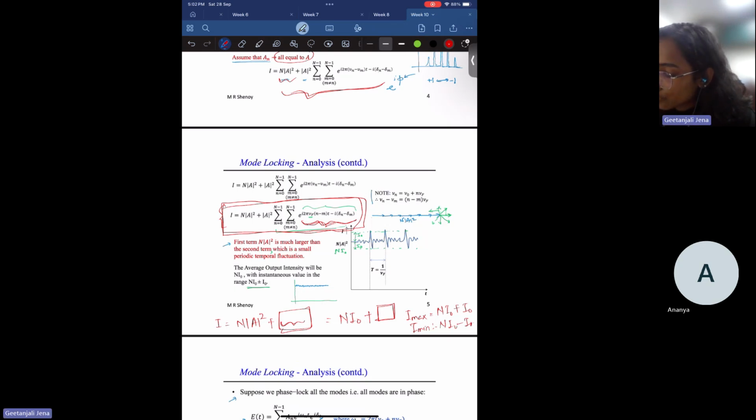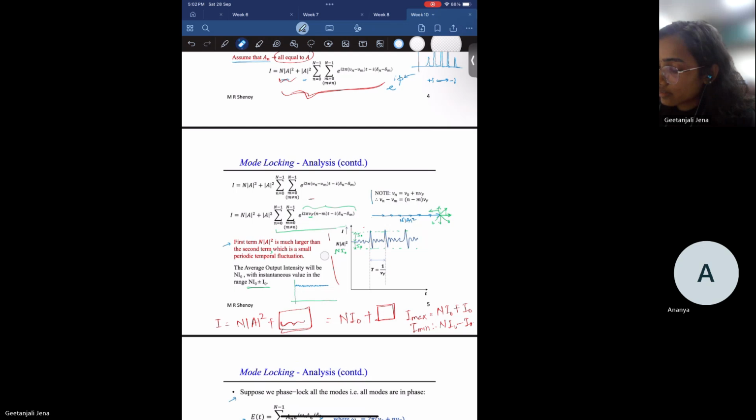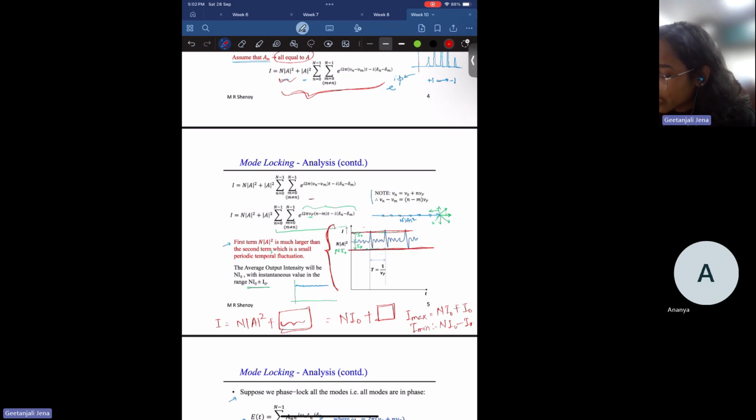So this is shown in this figure. This is how the intensity is varying when you have a random phase variation. So you can see the maximum is N I0 plus I0 and minimum is N I0 minus I0. And in between, the output oscillates in a random manner.